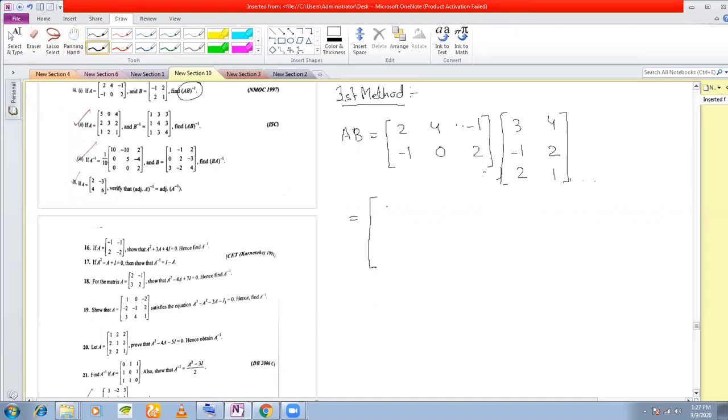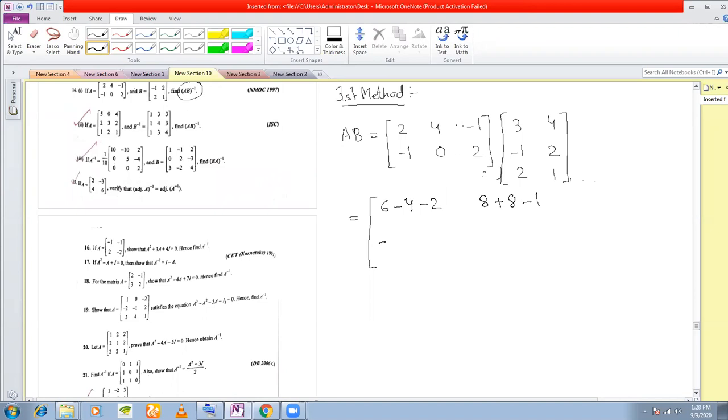So I have 2 into 3, first row, first column. 2 into 3, 6, minus 4, minus 2, right? First row, first column. Next, first row, second column is 8 plus 8 minus 1, right?